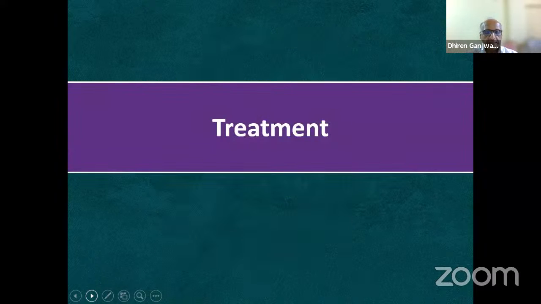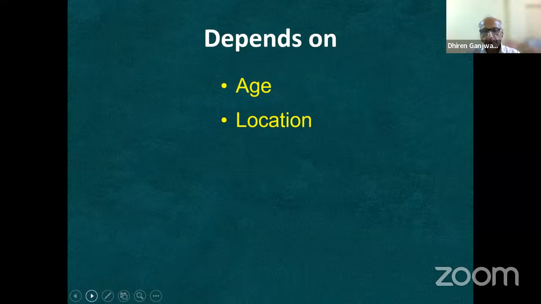Okay, so now after understanding the pathophysiology, we go to the most important part, and that's the treatment. I have tried to explain the treatment in a very simple, easy to remember way. There are a lot of factors which decide treatment. The first factor we need to remember is the age of the child. Second, where is the lesion and how can it be approached.